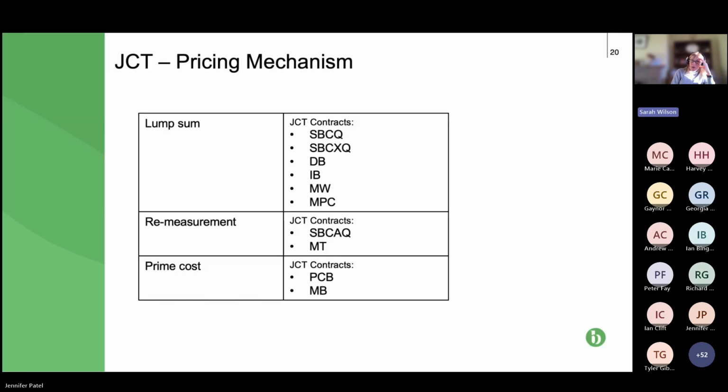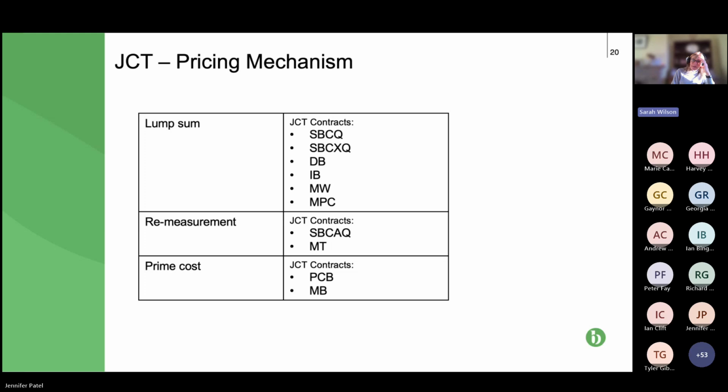So these are the JCT pricing mechanisms. So we've separated them roughly into lump sum, remeasurement and prime cost. And you can see that there are a number of contracts for each.